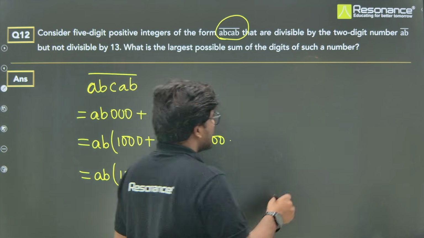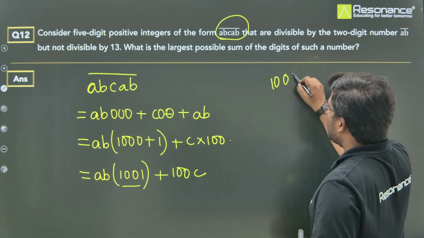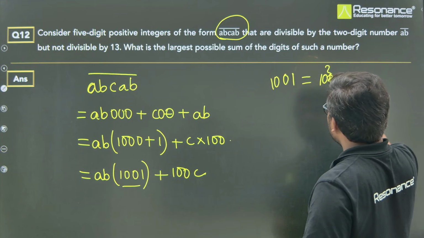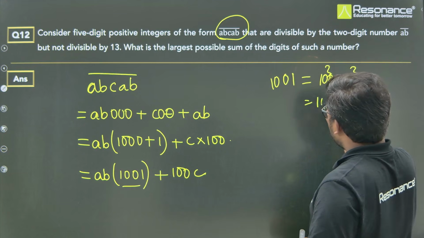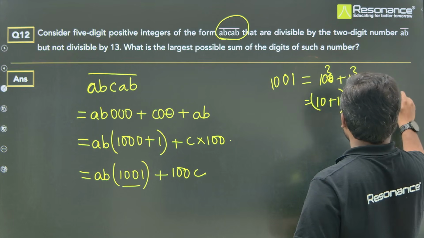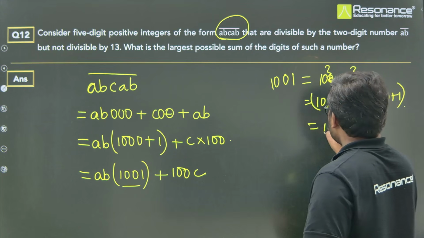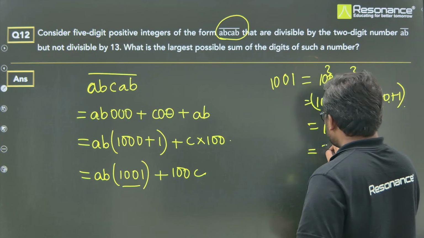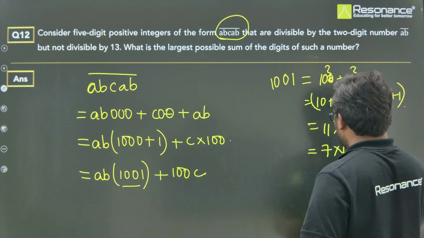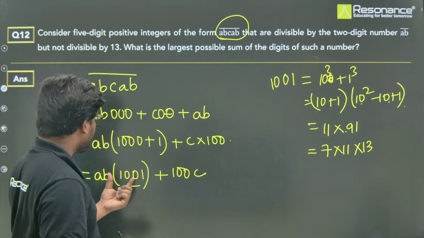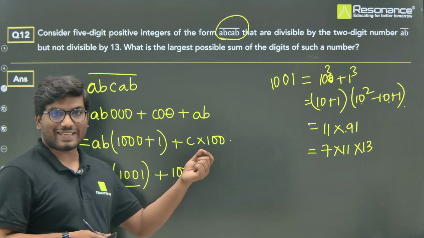But 1001 is what? The prime factorization of 1001: it is 10 cube plus 1 cube, so 10 plus 1 into 10 square minus 10 plus 1. So it's essentially 11 into 91, which is again 7, 11, 13. So the underlying fact is that the number 1001 is divisible by 13.